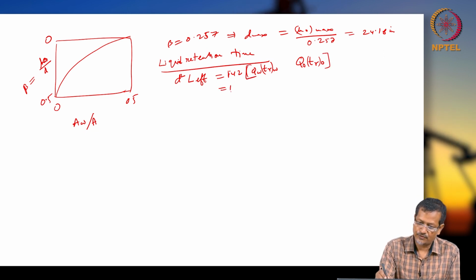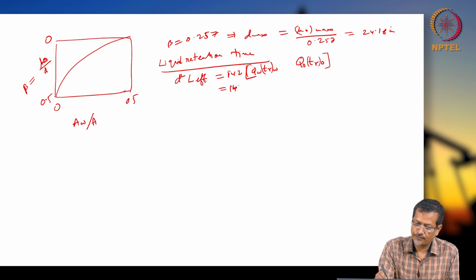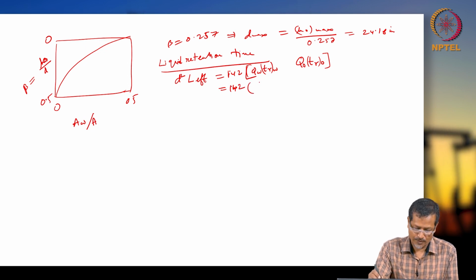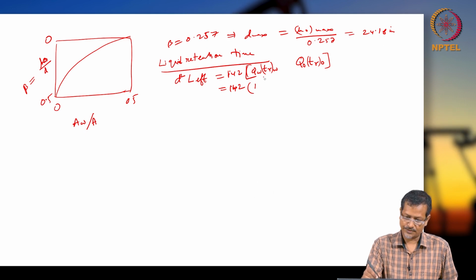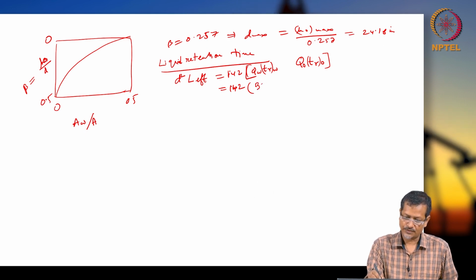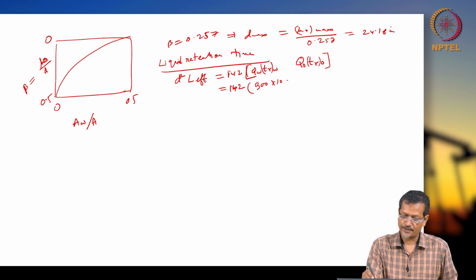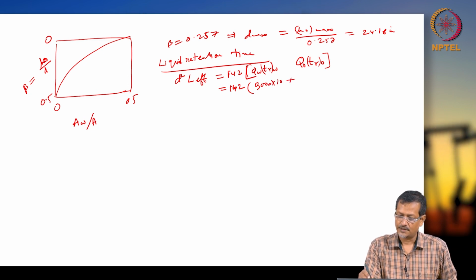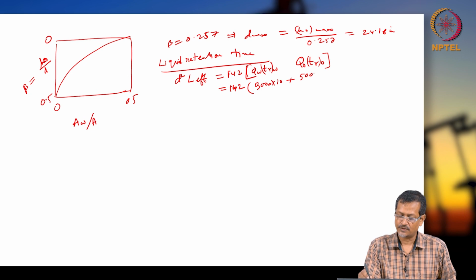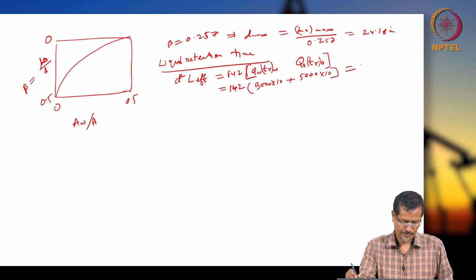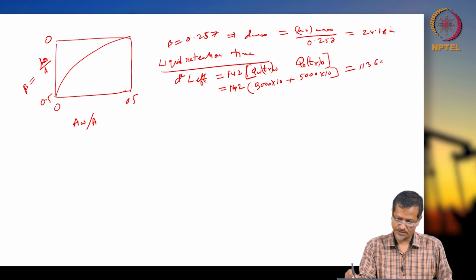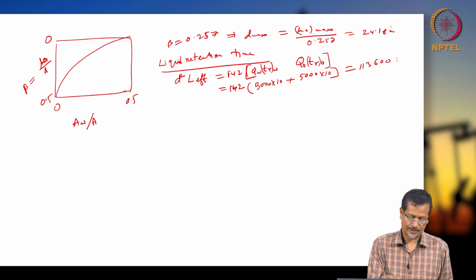So if I put the values, 1.42, Q water is 3000 into 10 plus Q oil is 5000, already given in the problem, into 10. So altogether it is coming 113,600, D square LEFF.